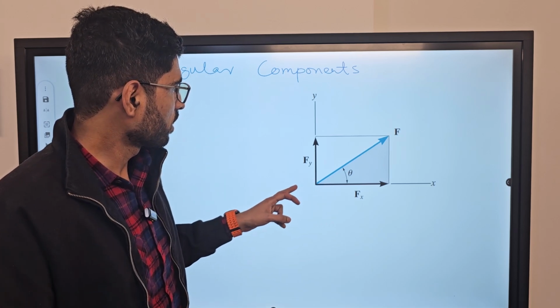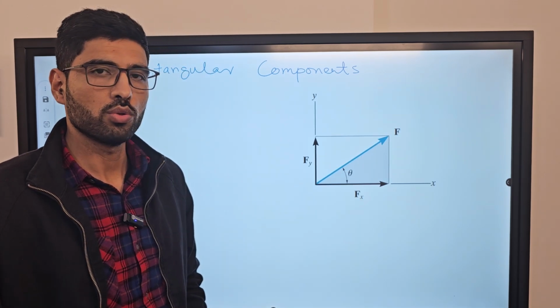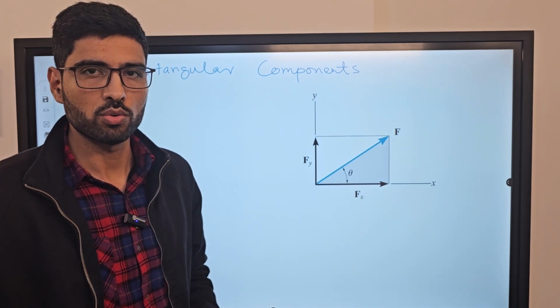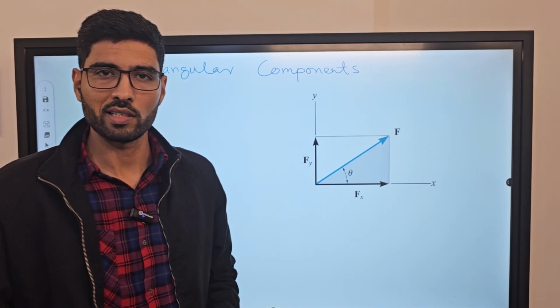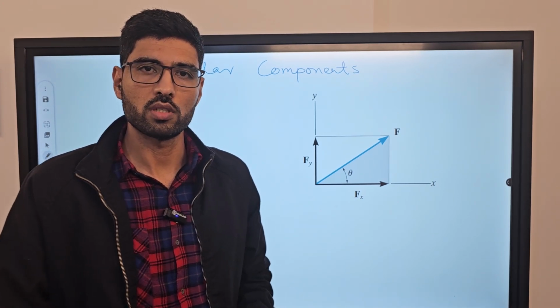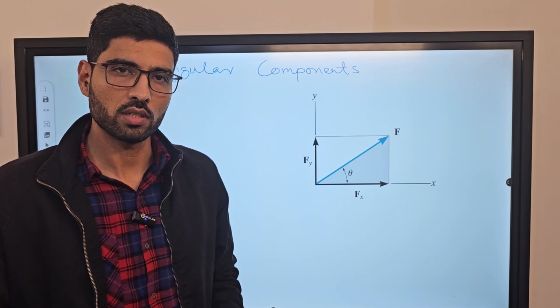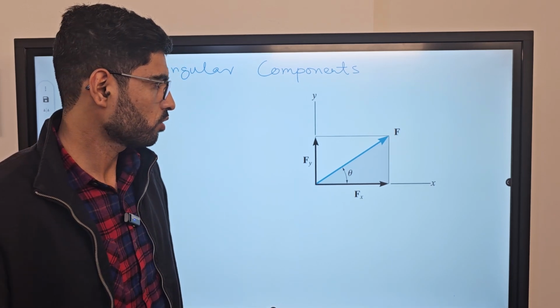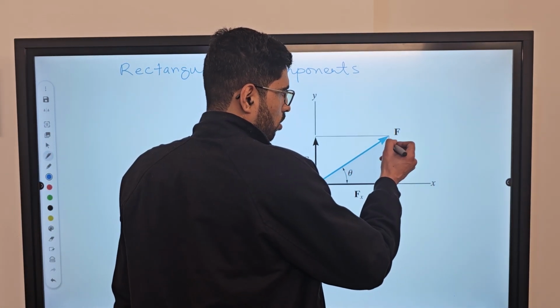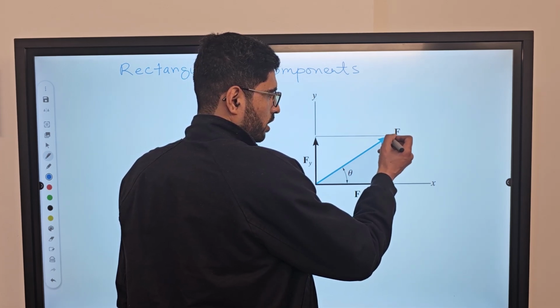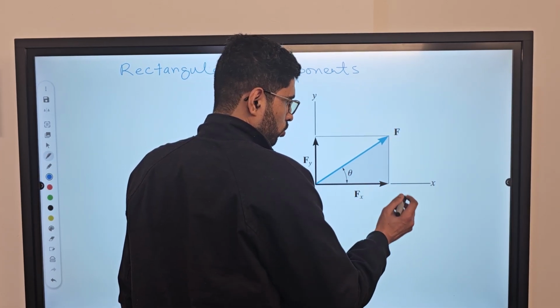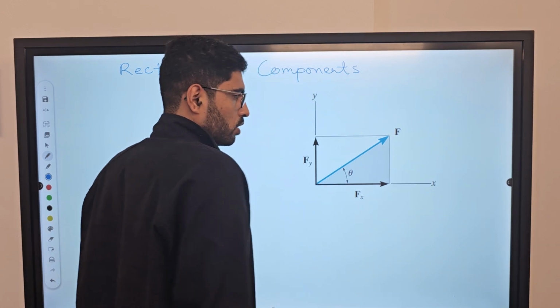So let's say we are given this force F, and we want to split it into two components which are orthogonal to each other, making a 90-degree angle with each other. What we do is drop a perpendicular from the head of the given vector onto the two axes.